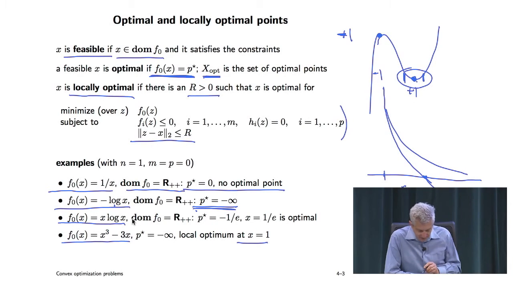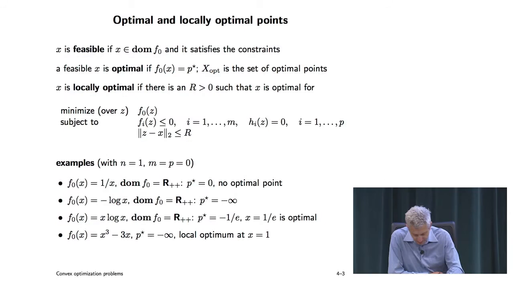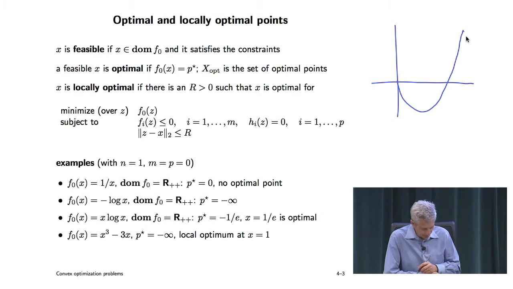Next example is going to be x log x, negative entropy. So for negative entropy, here, I'll draw that. The negative entropy function looks like this. It goes up like that, right? So for this function, and the domain is all positive numbers here, this really does have an optimal value.